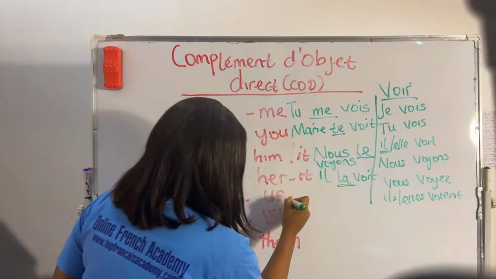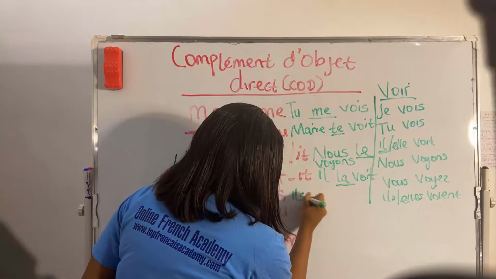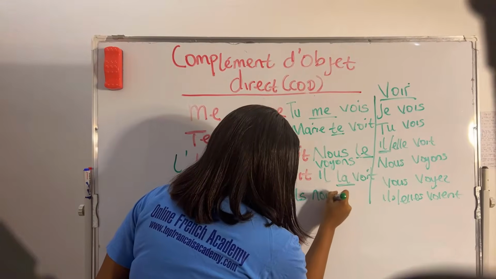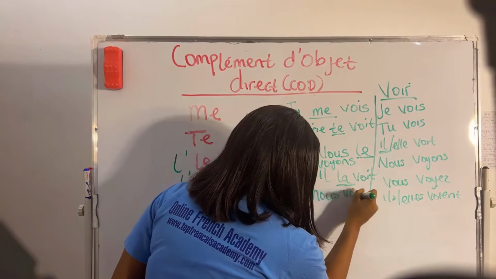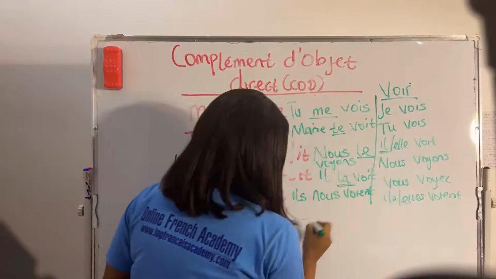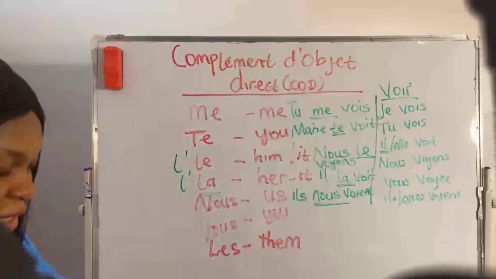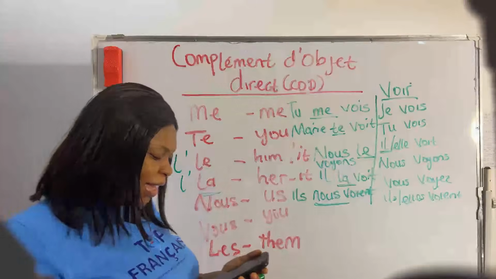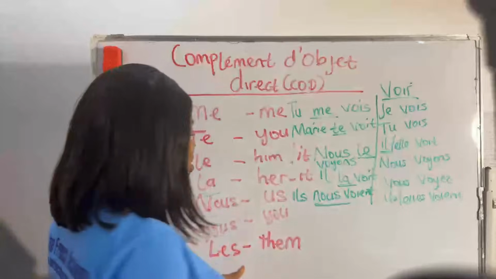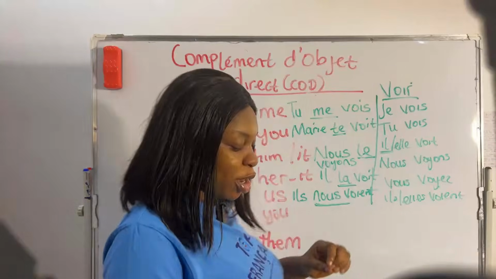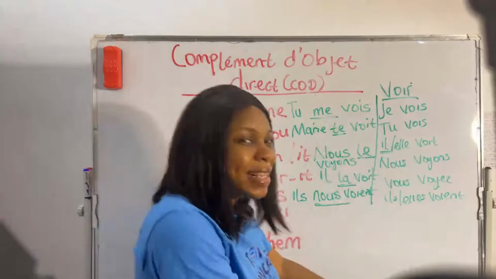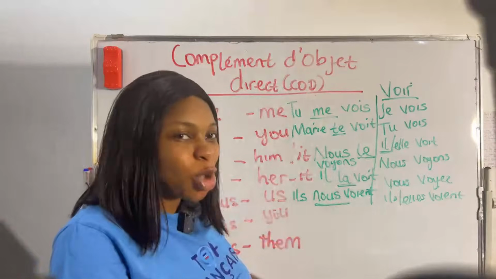Anissa got it. So, it will be ils nous voient. This is the COD here. Us. You can see it. Well done, Vicky. Daisy. Well done, everybody. You're doing great. So now, Moyo, do you see it? I said they see us. So what's our subject?